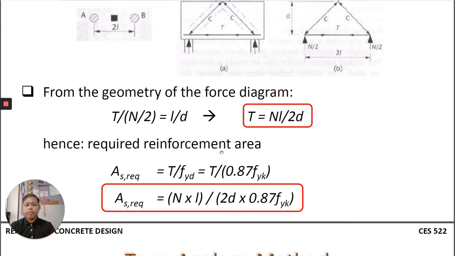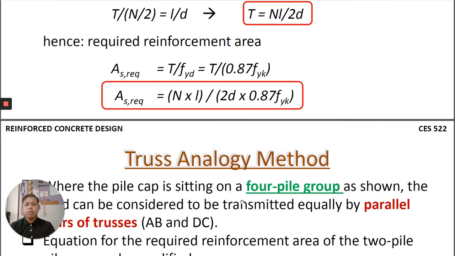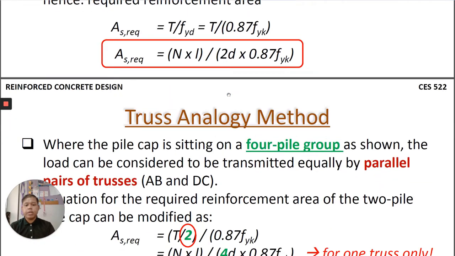Hence, the required reinforcement area is As required = T over FYD. T is equal to N times L, and then FYD is equal to 0.87 FYK. 2D because of 2 numbers of the reinforcement.